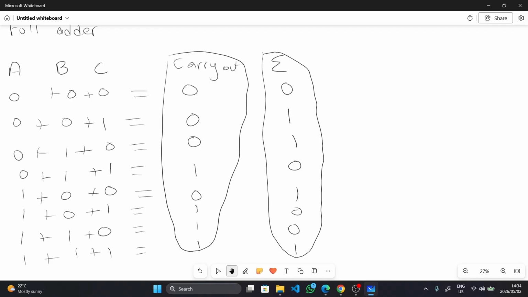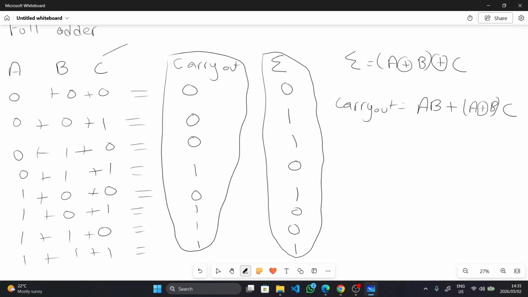So the equation for the full adder sum will be A XOR B XOR C, right? And then the equation for carry out will be A times B plus (A XOR B, the exclusive OR expression) times C, right?